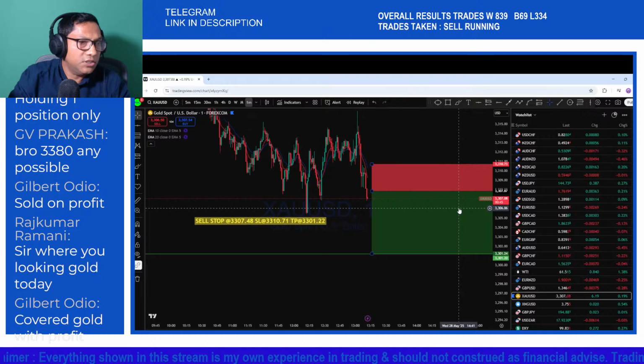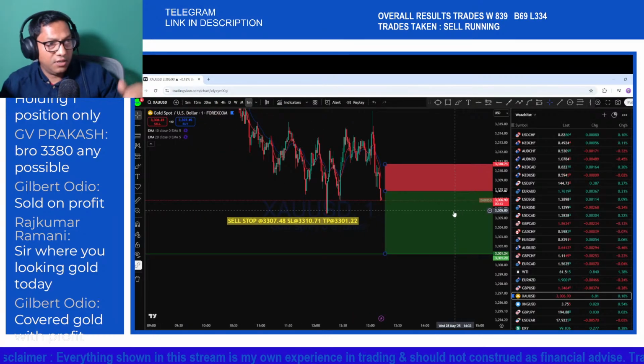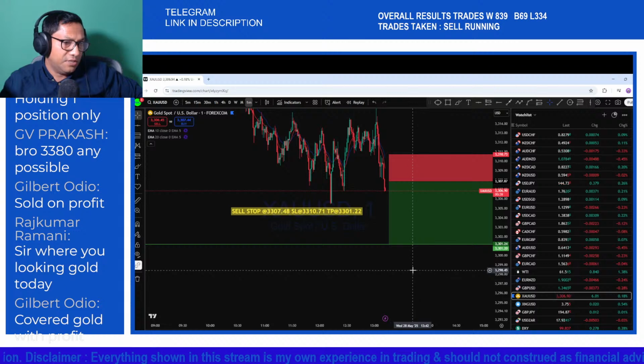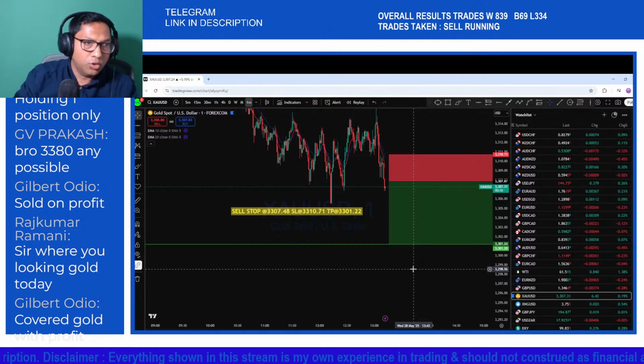The second trade is still bearish, and I think we could see, because there is a huge manipulation, a deeper drop, so I'm holding on to that.